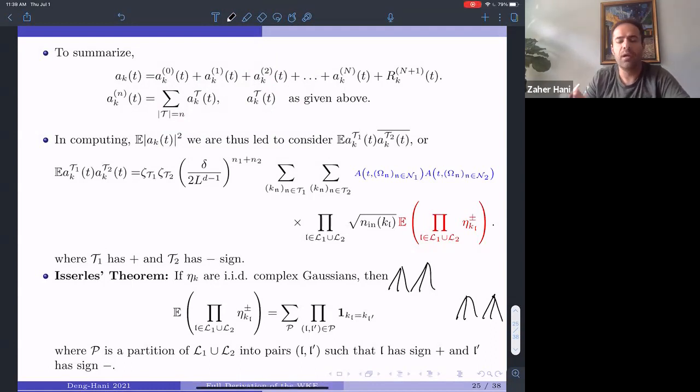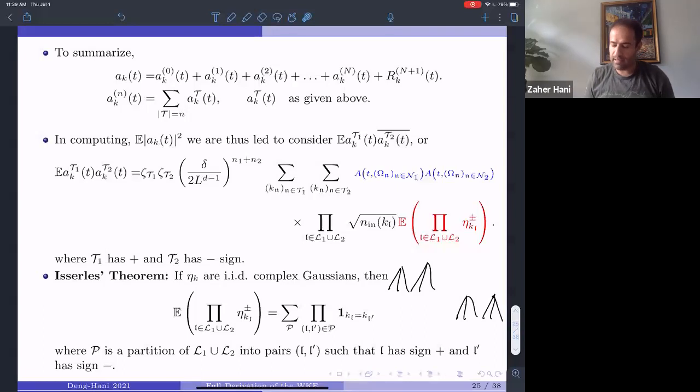You pair each leaf with another; you give each leaf another leaf, which is its pair. Here it's denoted by L prime. Then you sum over all the pairings. So this expected value is the sum over all the pairings of the leaves, such that each pair is obtained by having one leaf with a positive sign and another leaf with a negative sign.